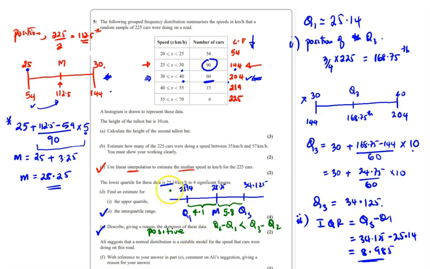That means there's more data over here in this region, and then the shape goes like that. So the tail goes on that side. So you have a positive skewness, or right skewness.